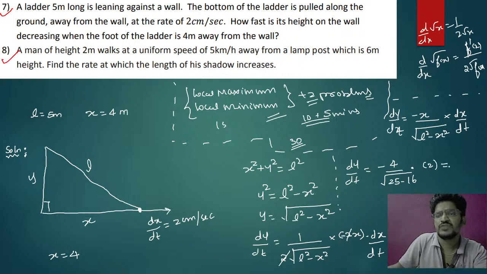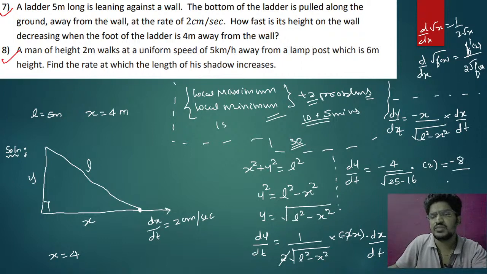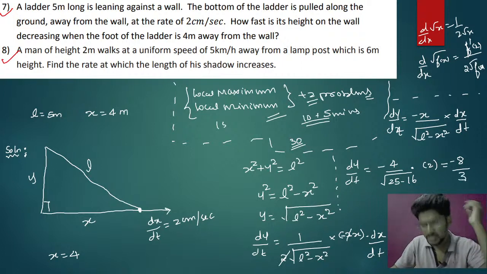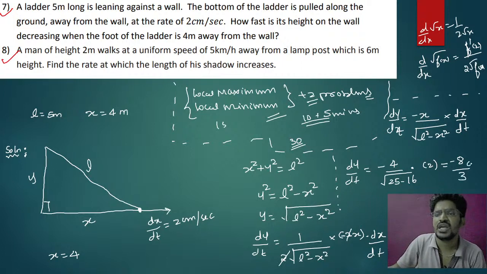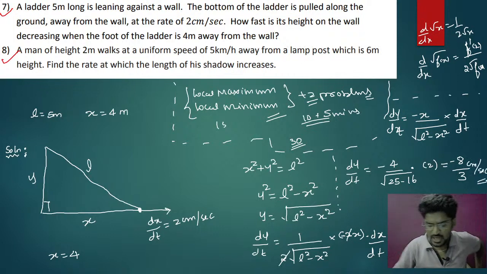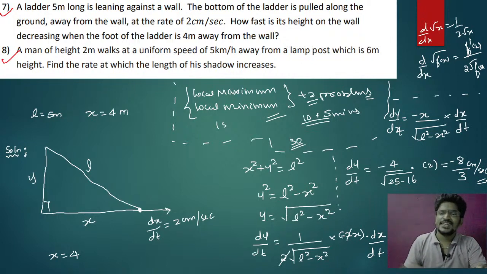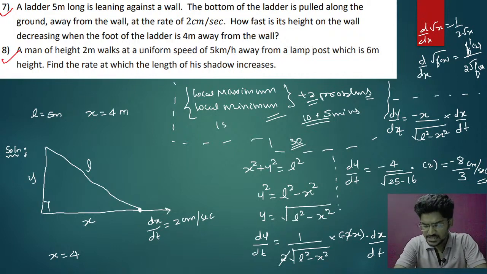If you simplify this, it will be minus 8 divided by root of 25 minus 16, which is 9, and root 9 is 3. So this will be the answer: minus 8 by 3 centimeter per second.